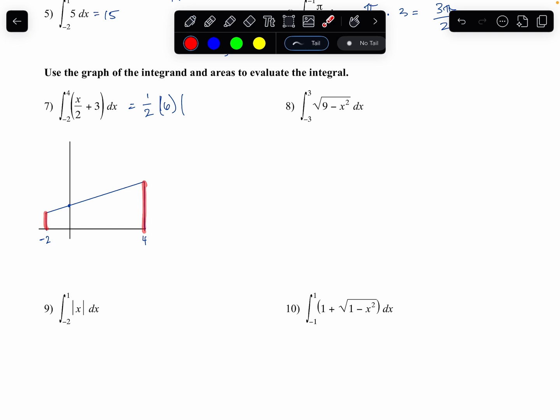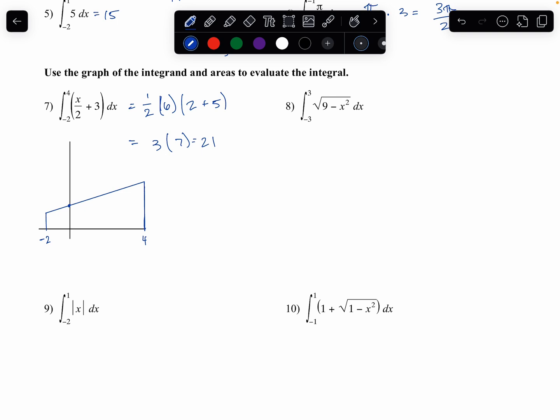If I plug in -2 right here, that's going to give me the output of my function. So if I plug in -2, that's going to be 3 minus 1, and so that's going to be 2. Plus, and then this right here is 4, so if I plug 4 right here, 4 divided by 2 is 2, 2 plus 3 is 5, and so that's going to be 3 times 7, which is going to be equal to 21. So that's what that integral is equal to.